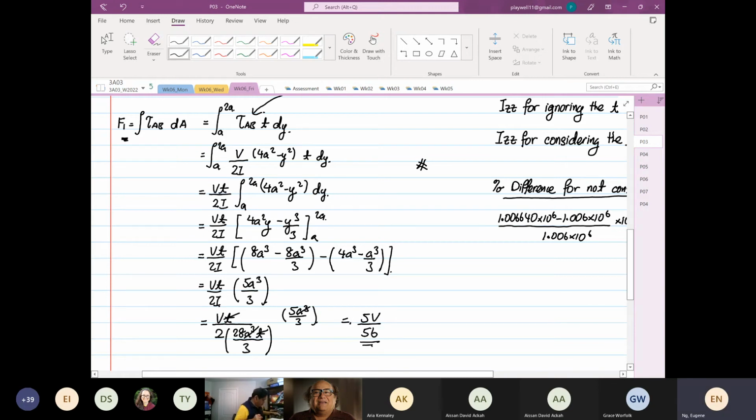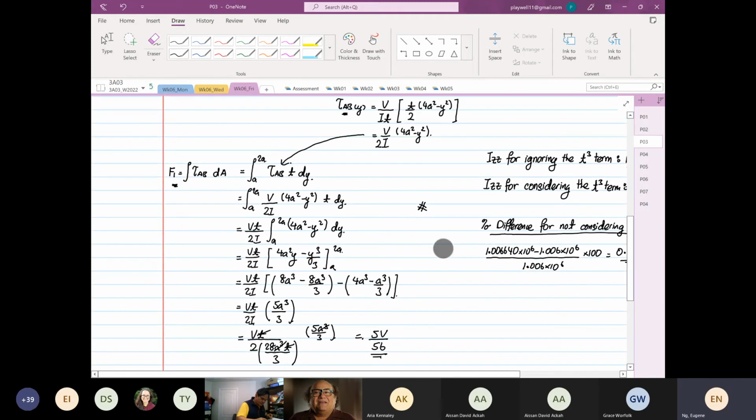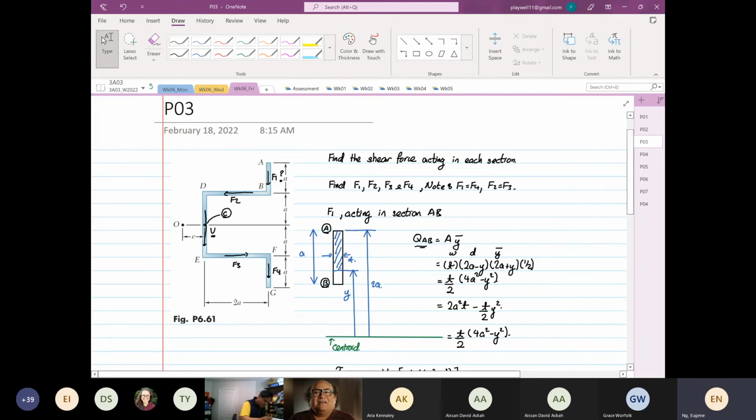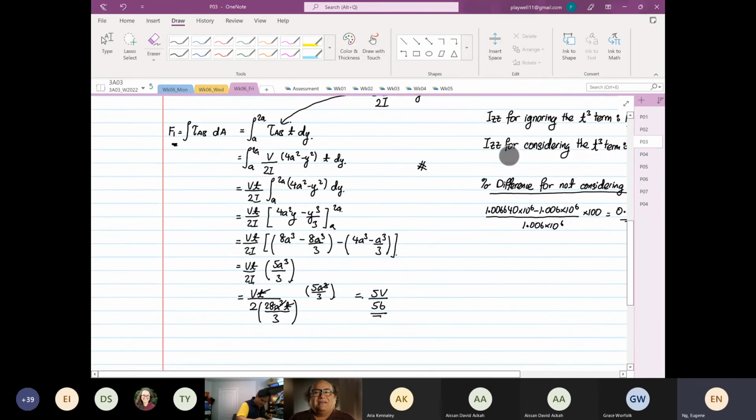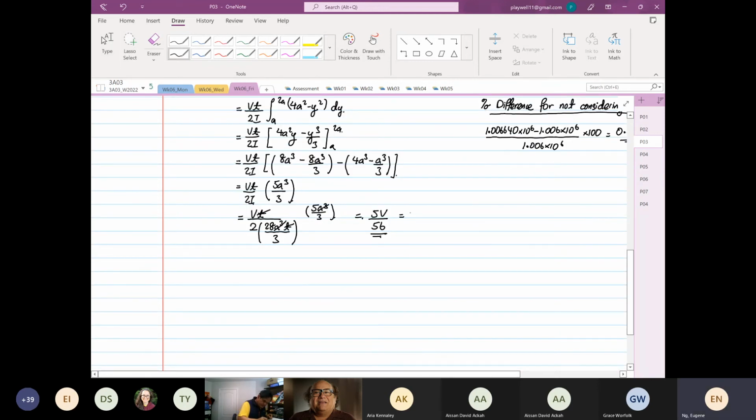Okay, so we already found our F1. Let me quickly remind you what we just found. We found our value over here, F1, and it's equal to F4. As I said, it's not difficult at all. It's really straightforward.